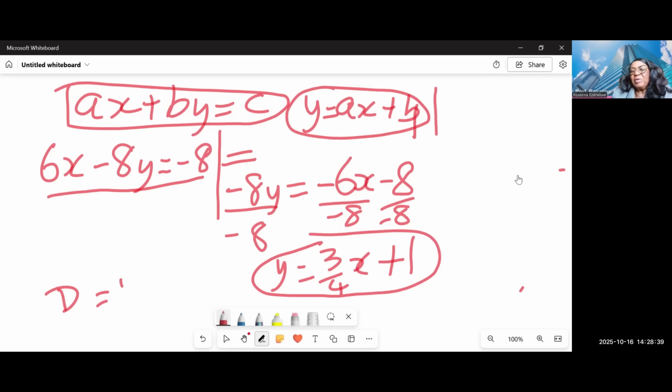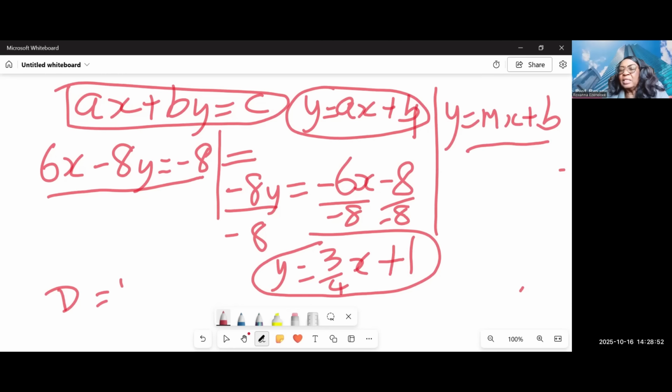Let me rewrite the equation here. So y is equal to mx plus b. Most of the time, the equation in y-intercept form is written like this, where m is the slope.